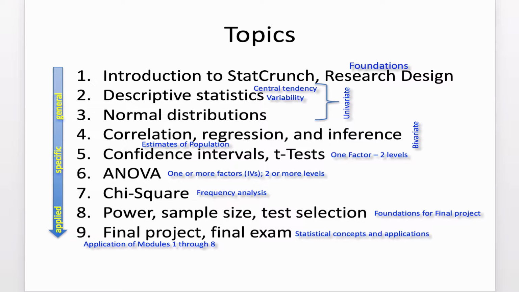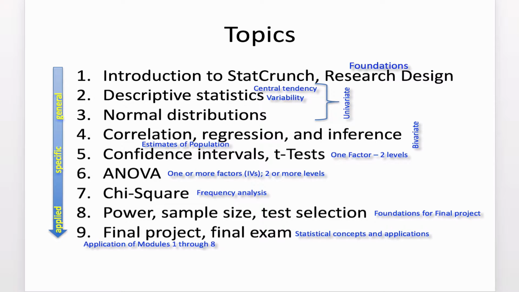And then you're also going to cover three types of experimental designs: the true experimental design, quasi-experimental design, and the non-experimental design, also known as correlation. So those are the foundations of statistics, especially in applied statistics.